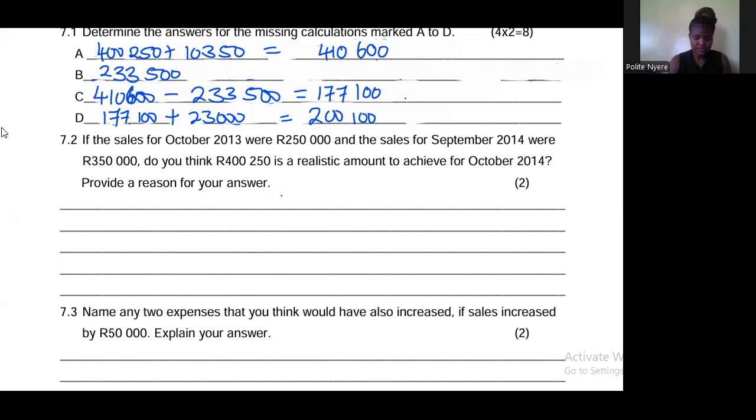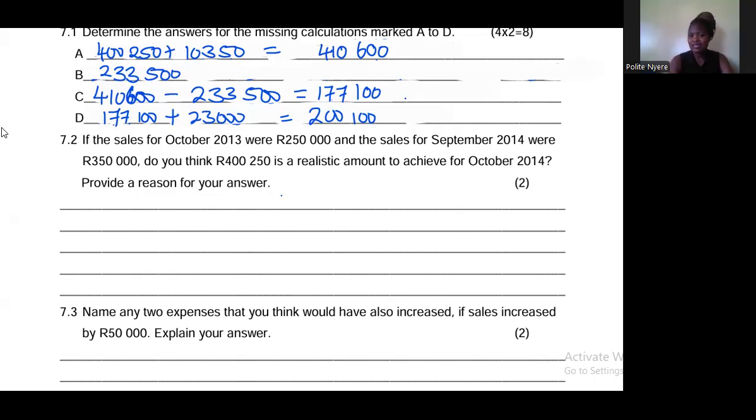If we look at it, October 2013, we had 250, and the sales for September 2014 were 350. It actually took a year for us to have an increase in sales of something like 100,000.